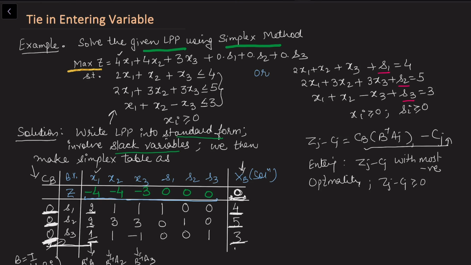That means we have to choose the entering variable, and by looking at this criterion that zj minus cj is most negative, we find that there is a tie in the entering variable. Since x1 corresponds to minus 4 and x2 also corresponds to minus 4, this means there is a tie in the entering variable. Now we need to know how to break this tie in the entering variable.